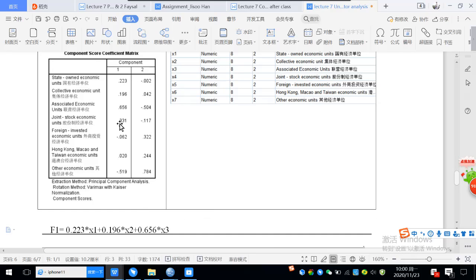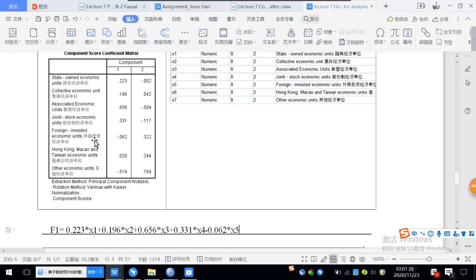Joint stock x4 at 0.331 multiply 0.4, then foreign invest x5 minus 0.062 x5.